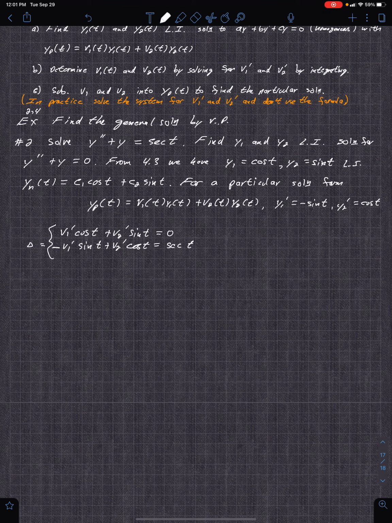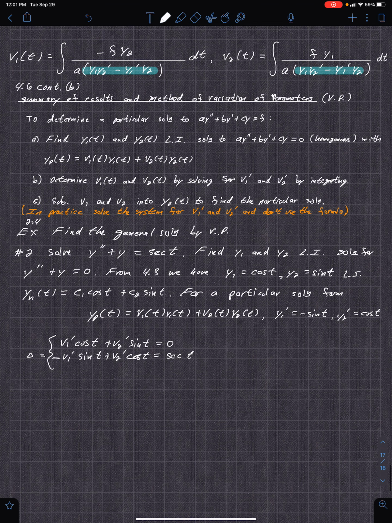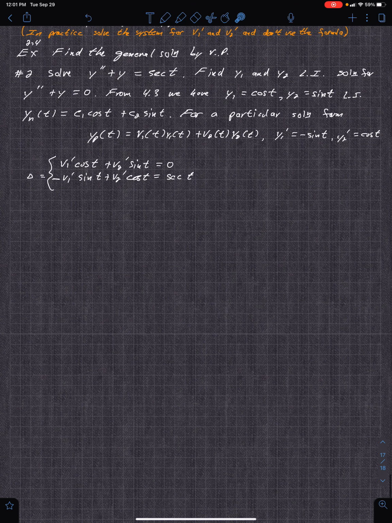So that's the system we're solving. Now we don't want to plug into that equation, we don't want to go back to here. So solve the system.